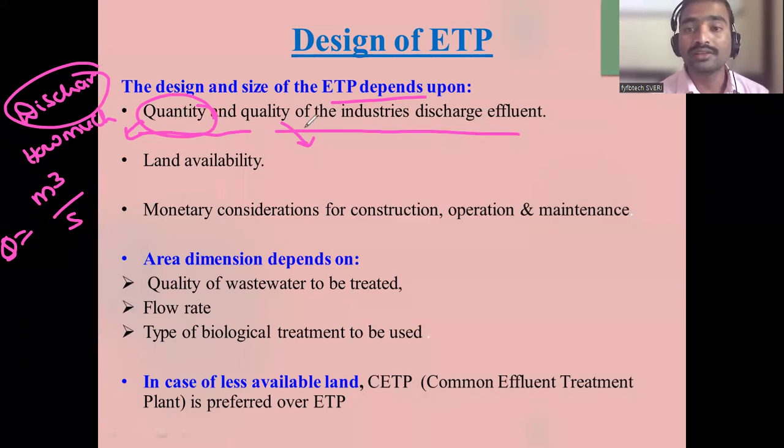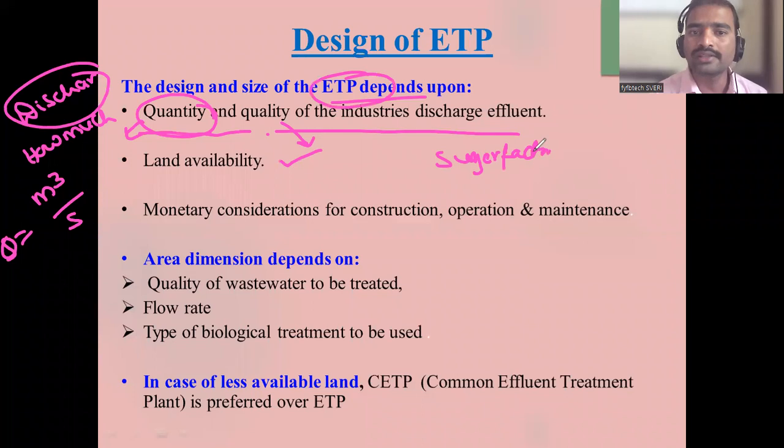Then quality: what are the different particles and what is their quality. The ETP size depends on the quantity and quality of industry waste, and also land availability. If you have one sugar factory, how much land is available?